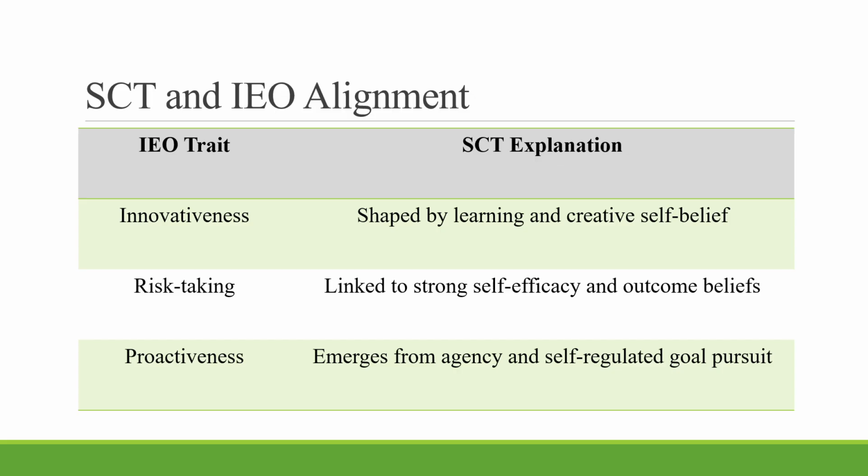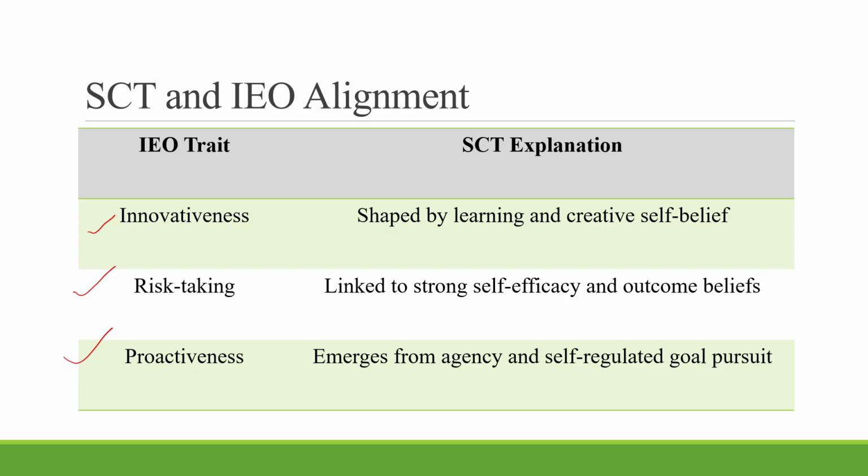Now let's connect this theory to IEO. These are the three dimensions which we have studied in IEO, and we will connect these to SCT, how it's connected. Let's take the example of innovativeness. Your innovativeness is basically shaped by how much you are exposed to new ideas and believe that you can do something different.